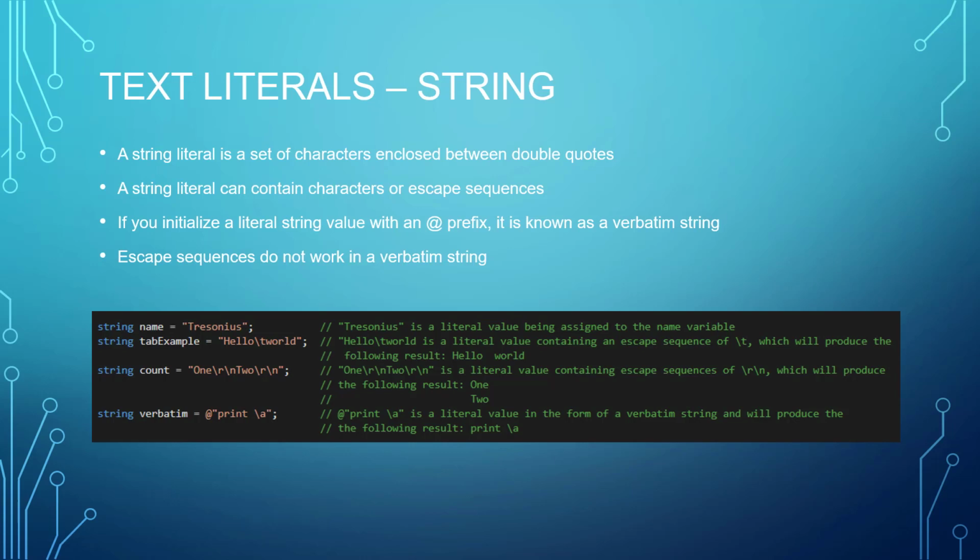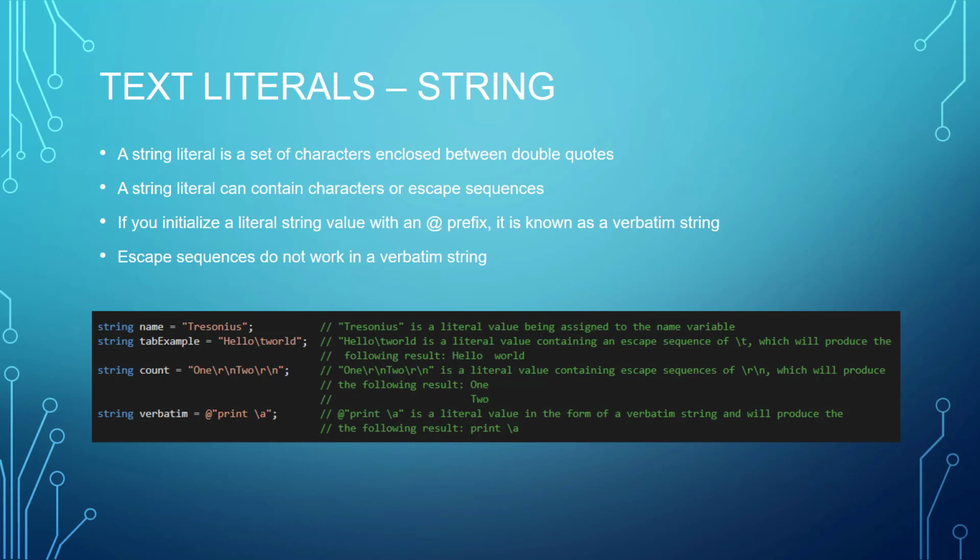You can see we've declared a variable of type string. We've named it name, and we've assigned to it the value of Trisonius. Trisonius is a literal value being assigned to the name variable. The next example is we've declared a string, and we've named the variable tab example.